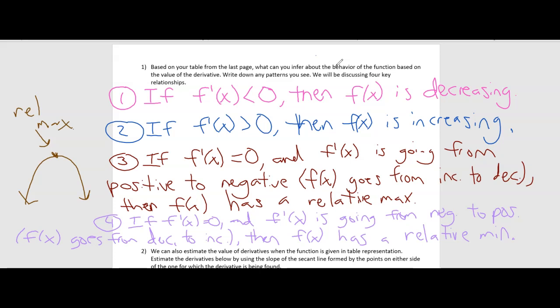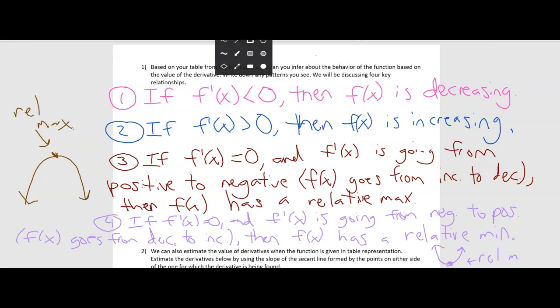But if the opposite is true, if f prime of x equals 0 and f prime of x is going from negative to positive, which means the original function goes from decreasing to increasing, then f of x has a relative min. So if our function comes down and then goes back up, right, that point at the bottom is going to be a relative minimum.